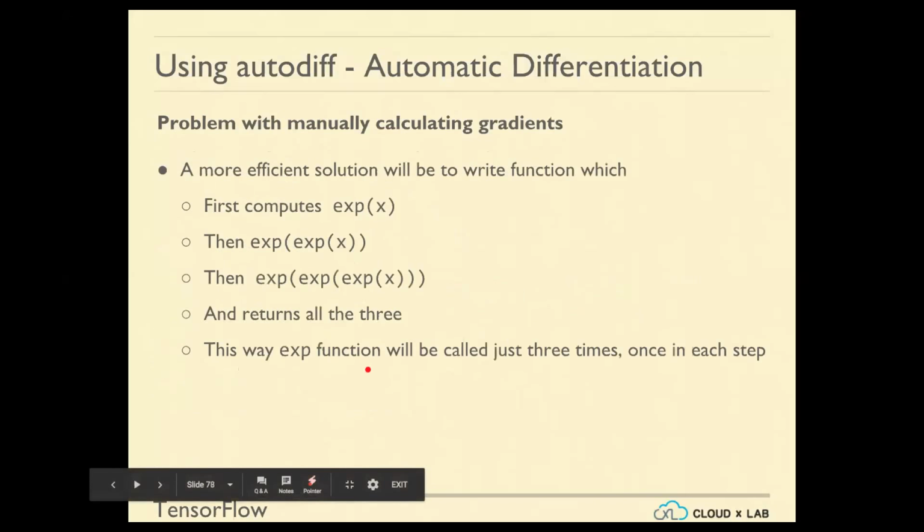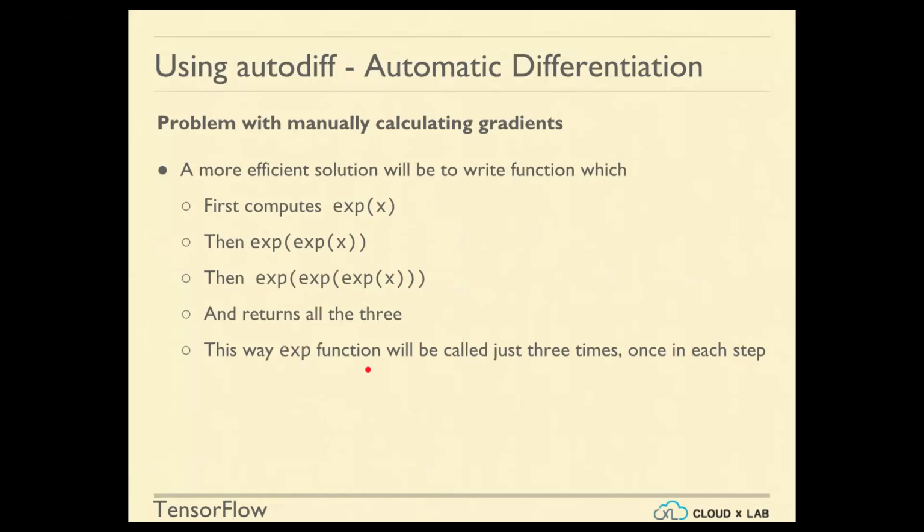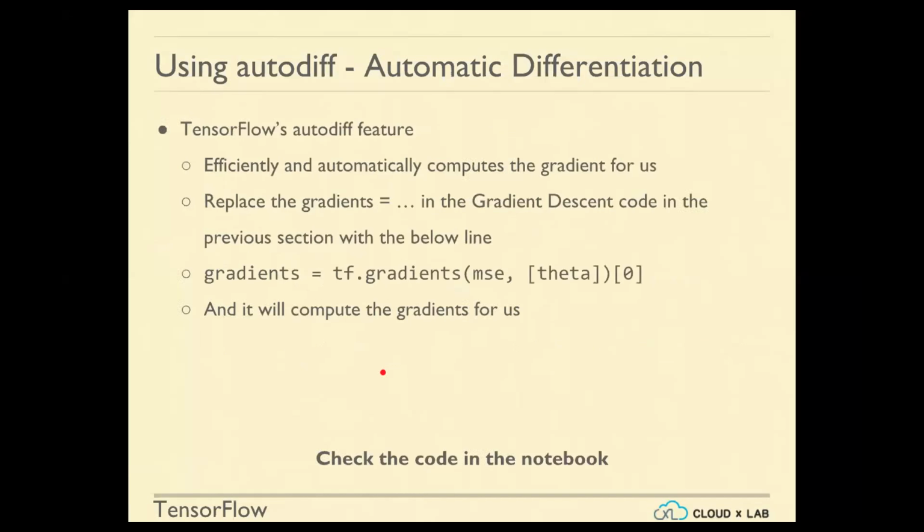So you end up having a lot of manual work if we are not opting for numerical differentiation or autodiff. TensorFlow's autodiff efficiently and automatically computes the gradient for us and replaces the gradient in the gradient descent code with this.